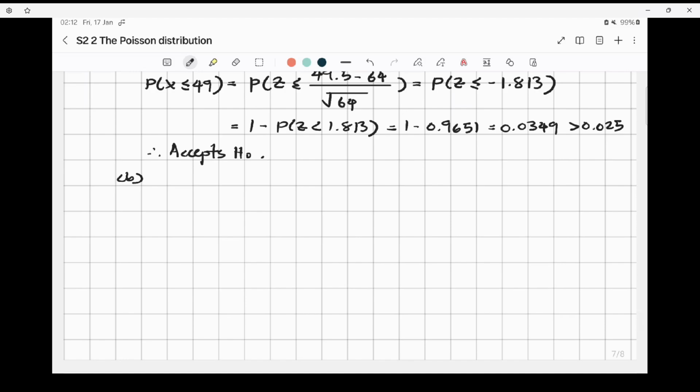So your critical region, the right part, is given by this equation. So you can do like what I did just now. So basically you want to include a, so it will be (a - 0.5 - 64) divided by the square root of 64.